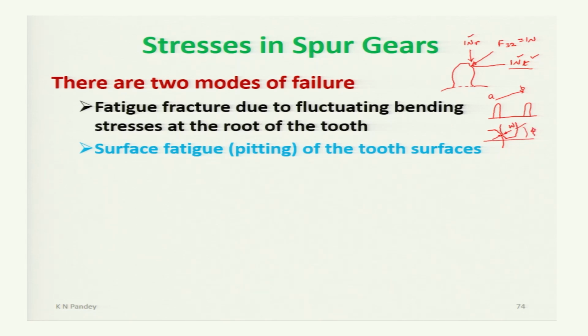So along the line of action this WT is acting, and this is a case of contact stress. Very high contact stresses will develop along the line of contact along the width, and this will also be of a fluctuating nature, because the contact stresses will have non-zero value when these two gear teeth are under engagement between A and B, and it will become 0 after B till point A comes again.